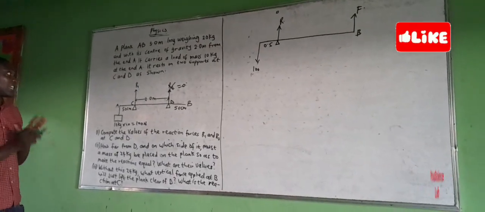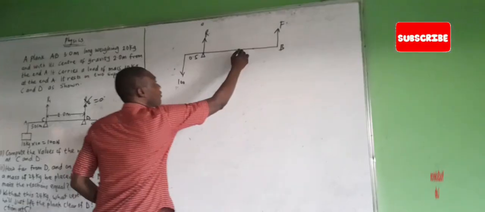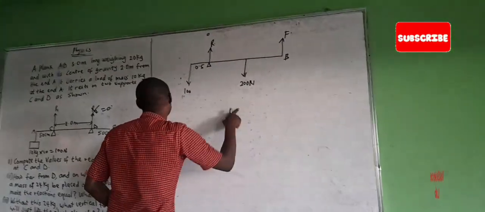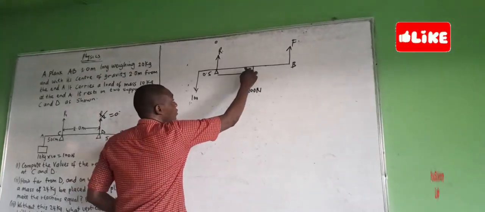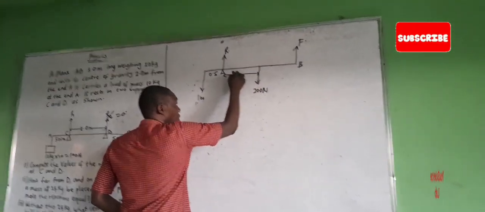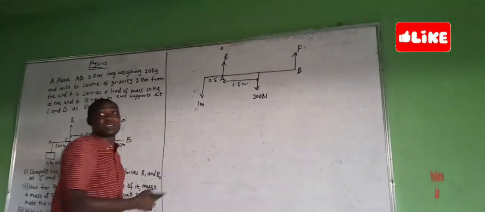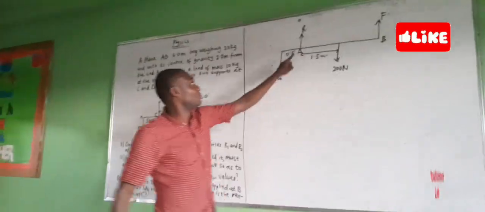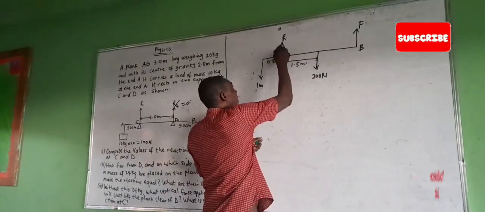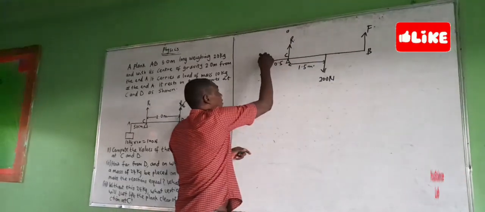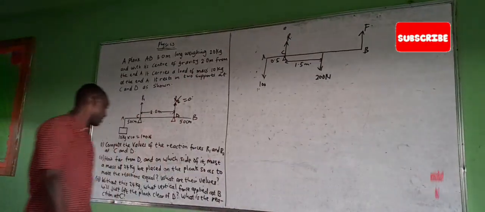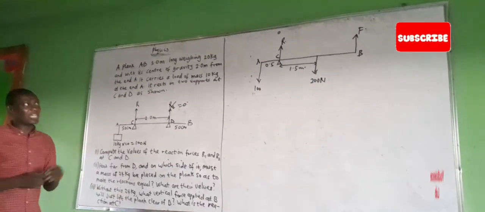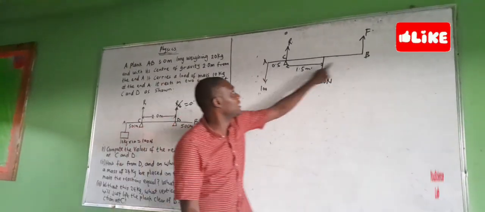We have the weight of the object, which is 200 Newton. And we know that the distance from this to this is 1.5. Now what we need to do is to get the distance between C and B, because remember that the 24 kilograms is no longer there.